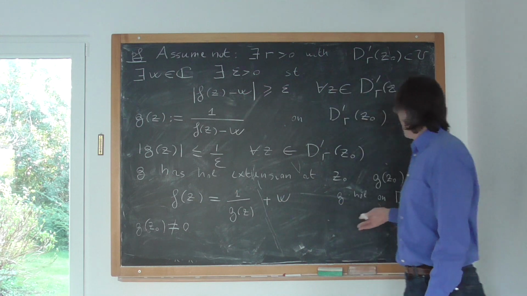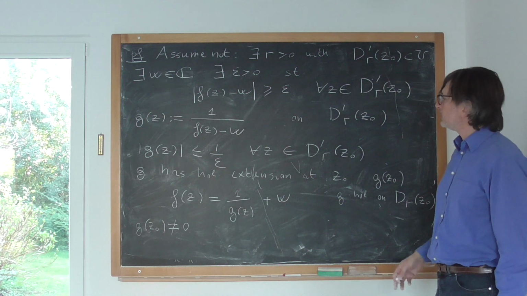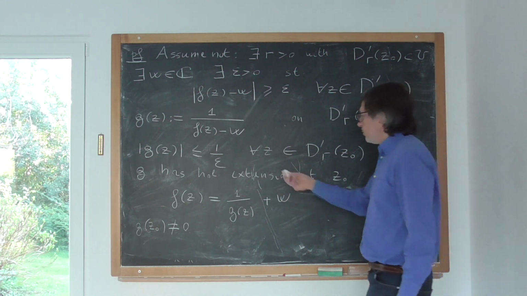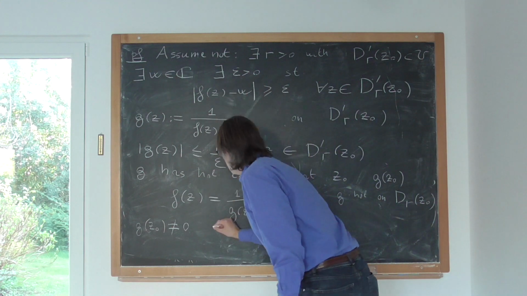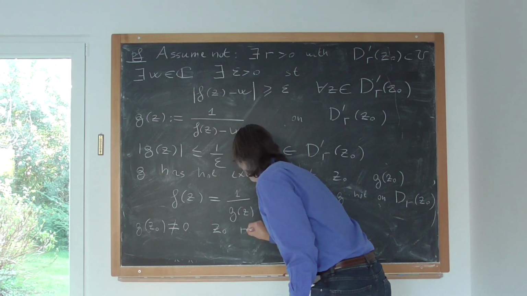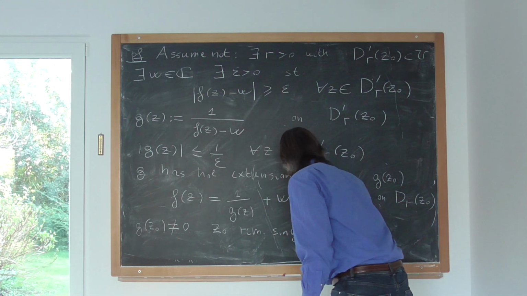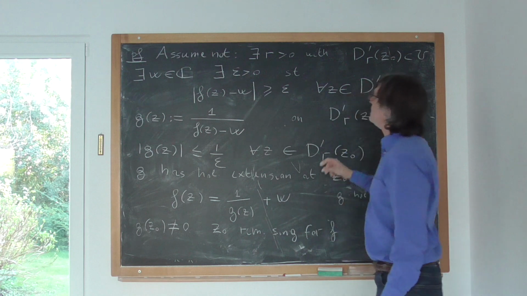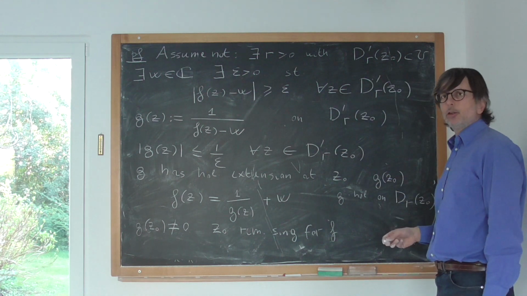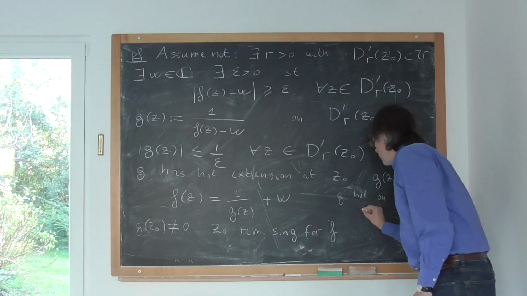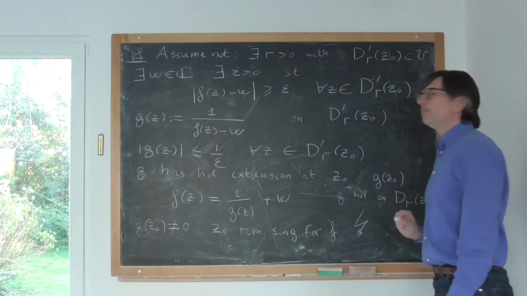In particular, it will be complex differentiable at Z0. But this would mean that Z0 is a removable singularity for f. But instead, we were assuming that Z0 is an essential singularity of f. So this cannot be.